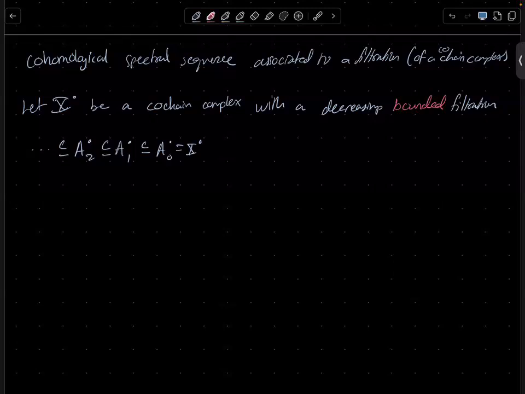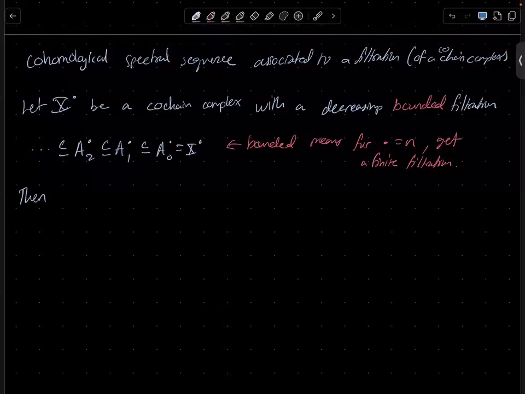And so bounded means, if you pick an n and you replace each of the bullets with an n in this filtration, you actually get a finite filtration. So pointwise finite filtration is how I like to think of it. For bullet equals n, you get a finite filtration. And of course, the actual length can depend on n.